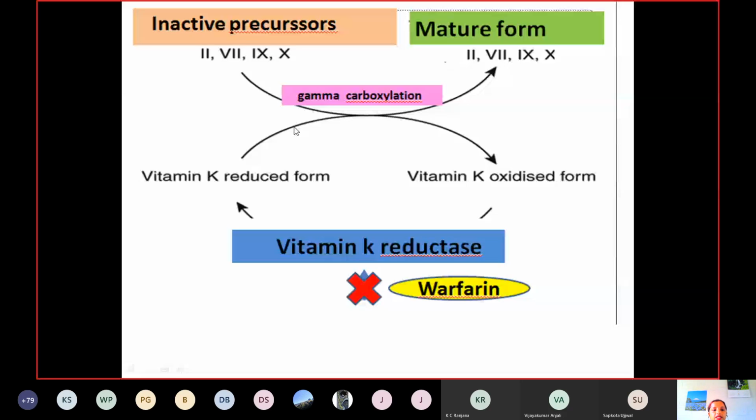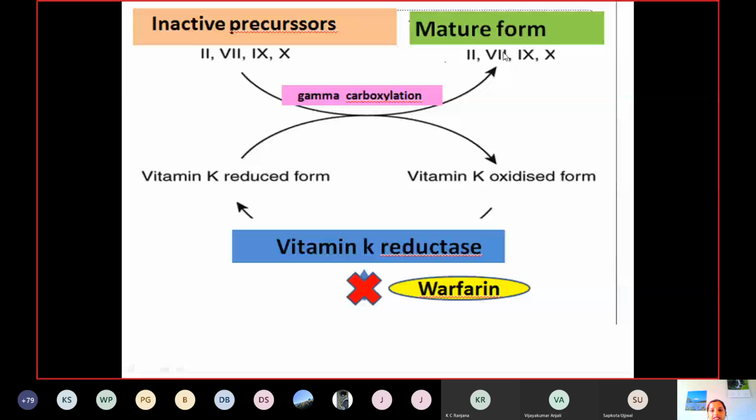Vitamin K is initially in the reduced form. For gamma carboxylation of the inactive precursor, it has to be converted into the oxidized form. When the reduced form is converted into the oxidized form, it causes gamma carboxylation of the inactive precursor of clotting factors 2, 7, 9, and 10, so that they become activated.